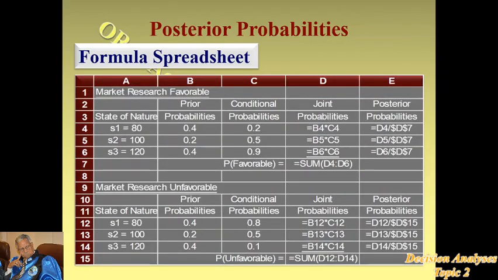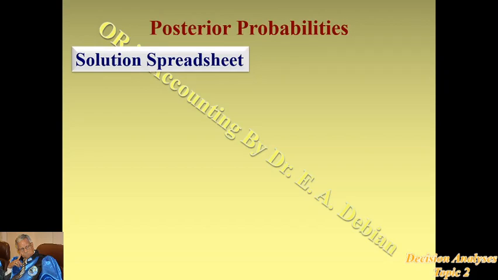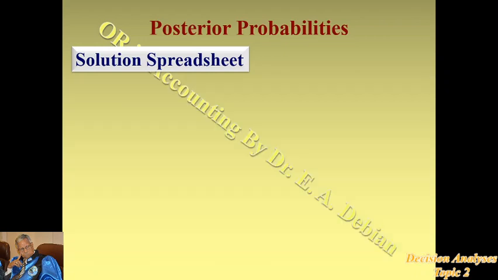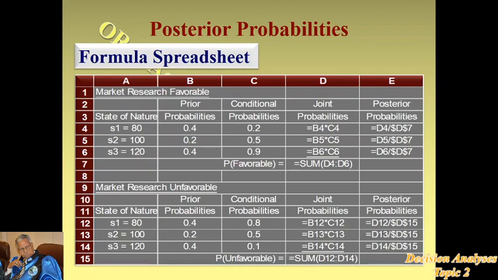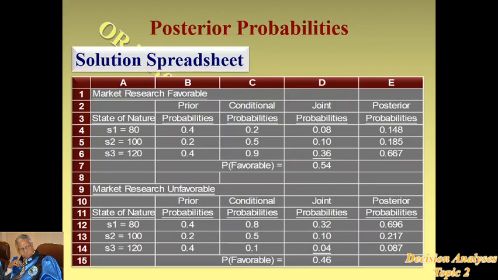This is the Excel spreadsheet for favorable and unfavorable, calculating the posterior probabilities. This is with equation, and this is with solution.